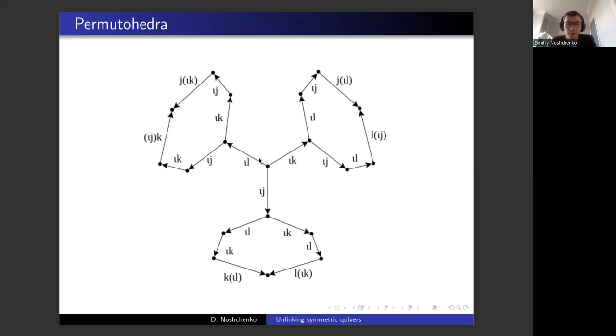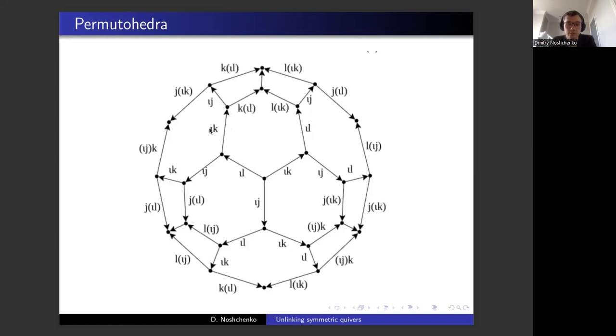And now we can also continue closing up these quivers here, and eventually this is closed like this. And yeah, so what we have done, eventually we constructed this permutohedron, and this is tiled now by squares and hexagons.